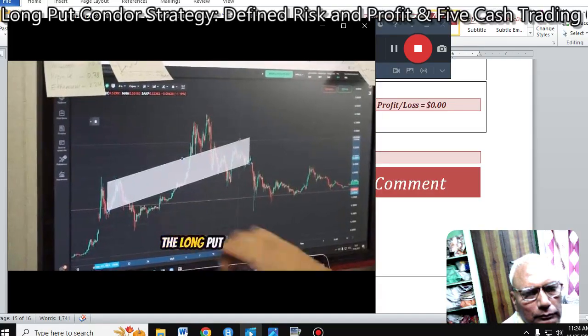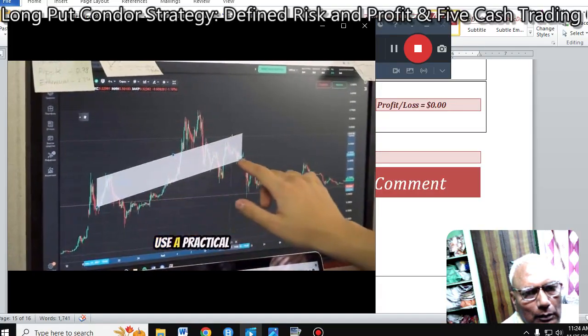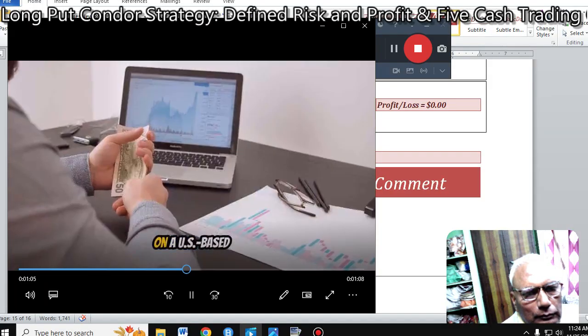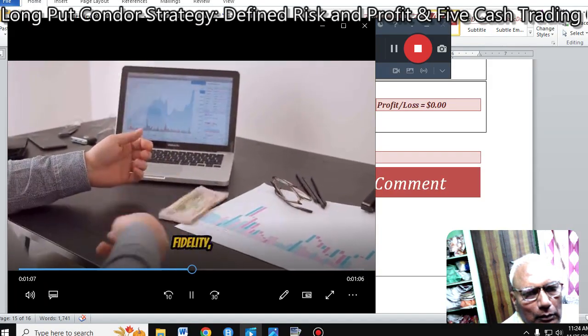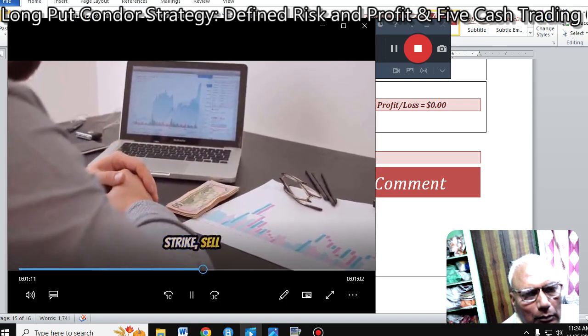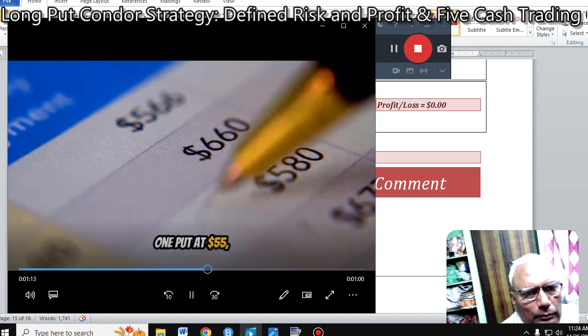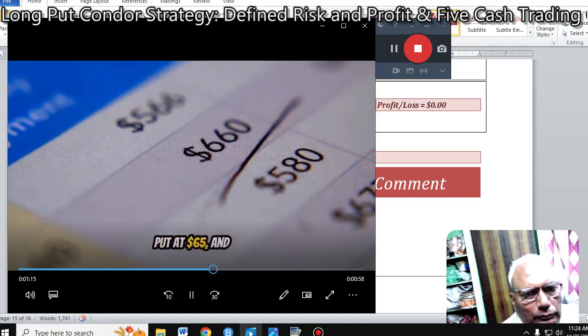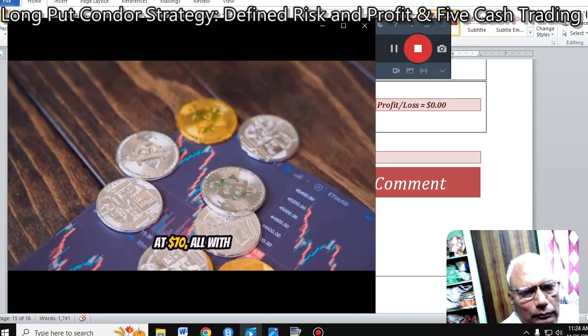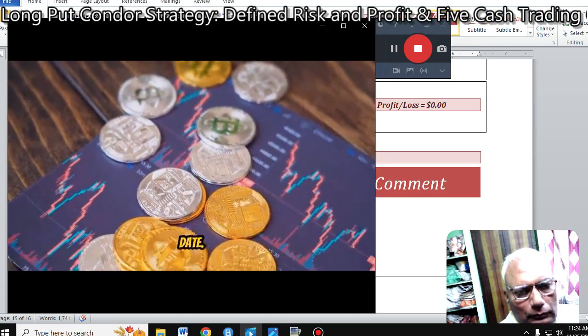To demonstrate the Long Put Condor, let's use a practical example with a stock trading at $100. On a US-based platform like Fidelity, you would buy one out-of-the-money put at a $50 strike, sell one put at $55, sell another put at $65, and buy a deeper in-the-money put at $70, all with the same expiration date.